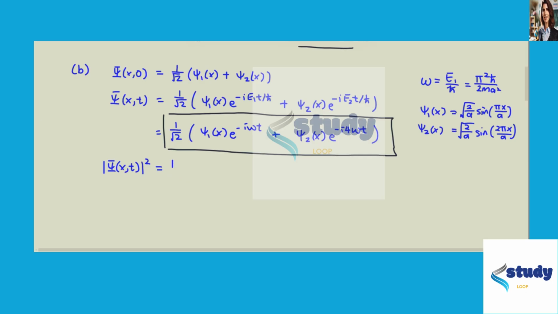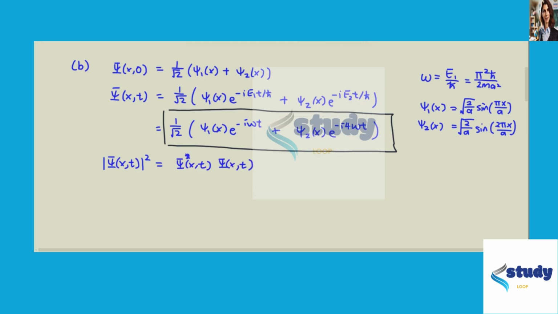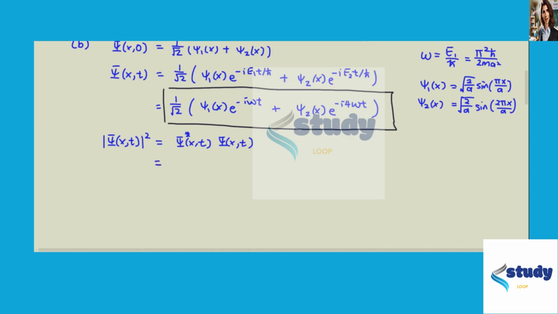Just to make it complete, the mod squared will be psi star psi. The 1 over root 2 will become a half, and then you have psi 1(x).